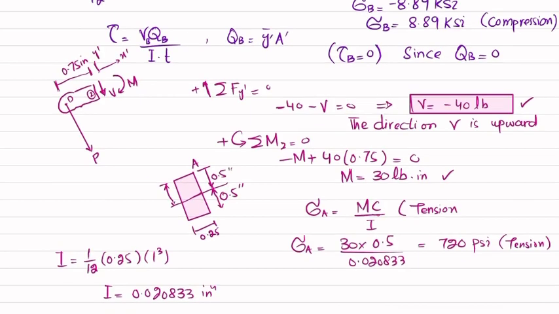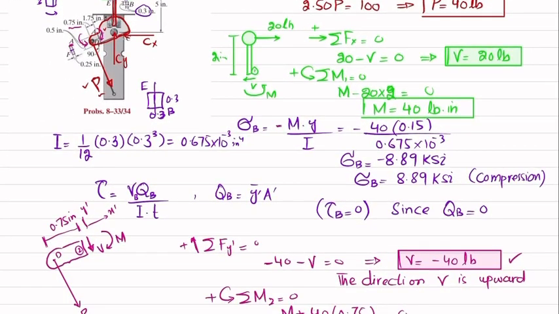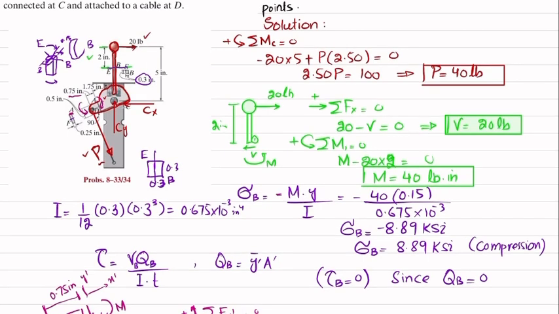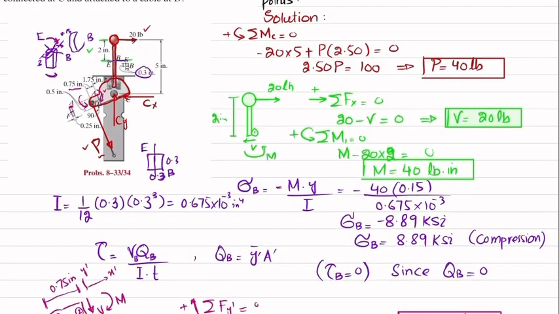Let me show you. I have also written over here this formula, minus M into y. So you can see that at this point B, this was the moment there. Let me check it, wait a minute. The moment you can see here is this one.